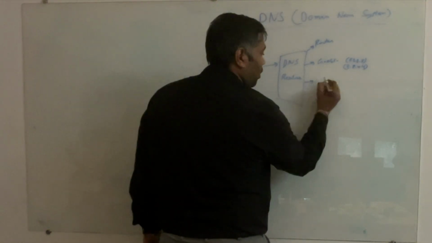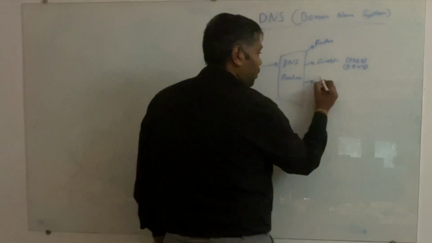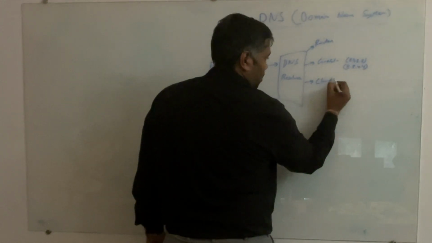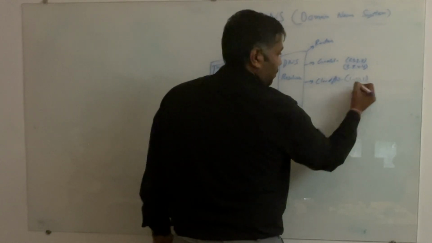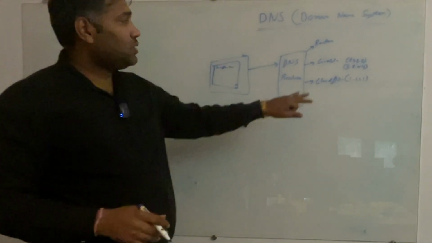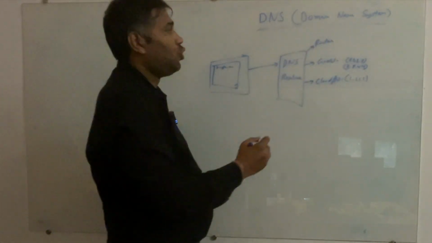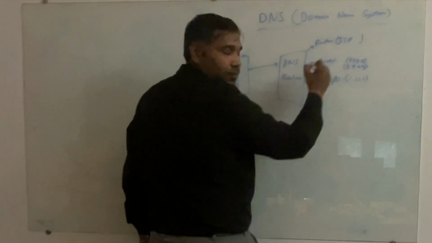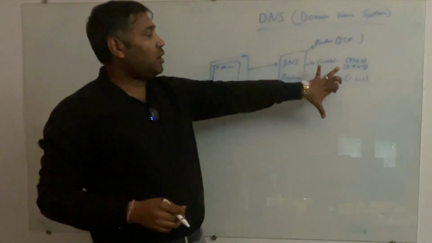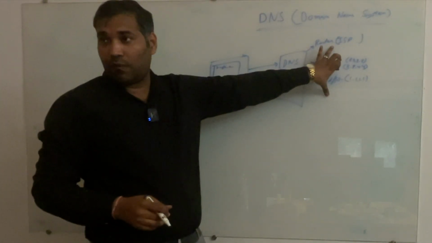Or it could be from Cloudflare, which is running on 1.1.1.1. These are the popular ones, and it could also be from the router, which gets it from the ISP.